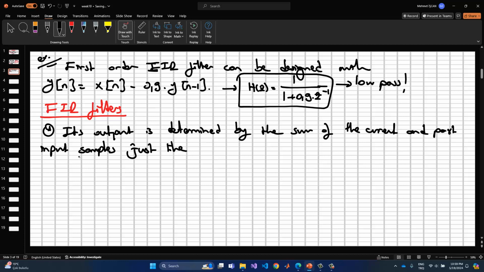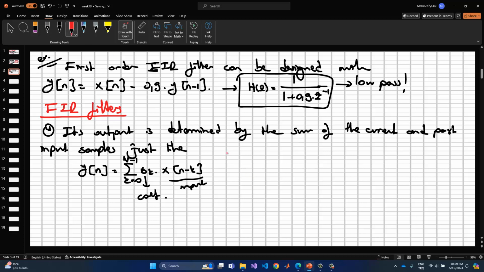We can write it like this: y(n) equals the sum for k equals 0 to N minus 1 of b_k, the filter coefficients, times x(n minus k). This is the input, and these are the feed-forward coefficients, and then we can design this filter.